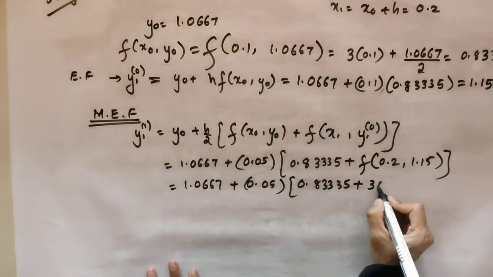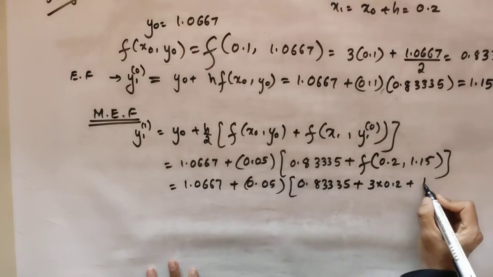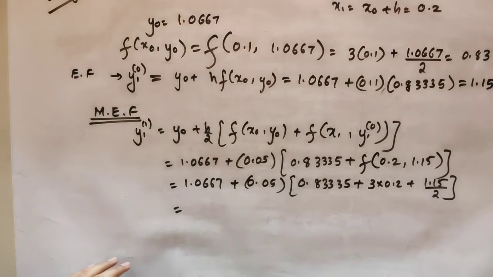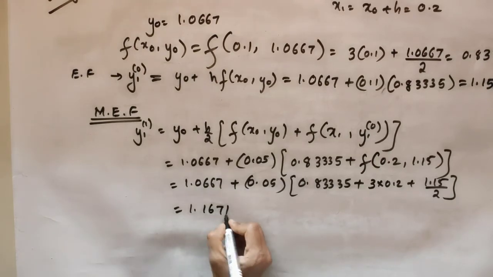So it is 3 times 0.2 plus 1.15 over 2. Substitute all the values in your calculator and simplify. The answer should be 1.1671.